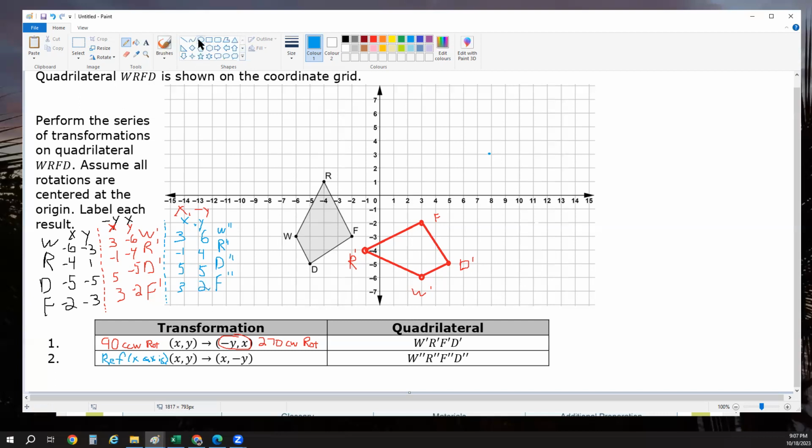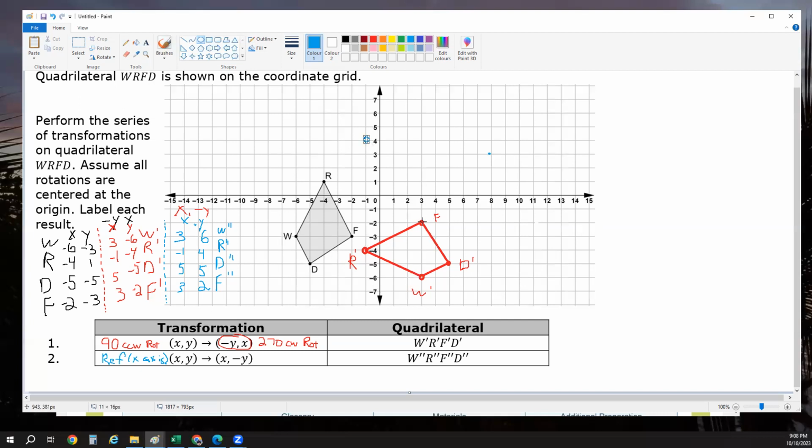All right, so I'm going to go ahead and plot all these. I'm going to start with R. That's going to be -1, 4. So it's going to go straight up, right there.